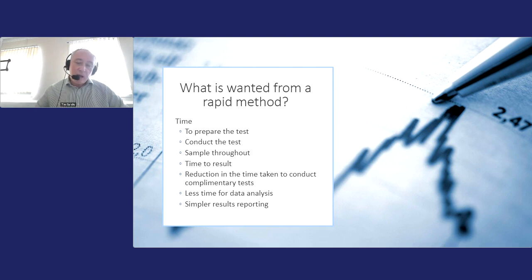So we need to weigh up time to prepare the test, time to conduct the tests, whether or not we would need to do more or fewer complementary tests, what the time is spent on data analysis and data reporting, and also what our sample throughput is as well. So we may get the result faster, but we might be able to put fewer samples through. So that's something we have to consider.